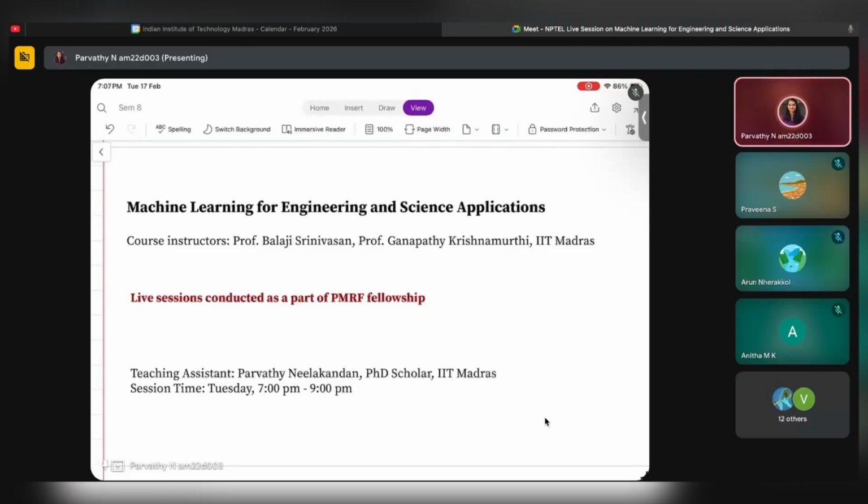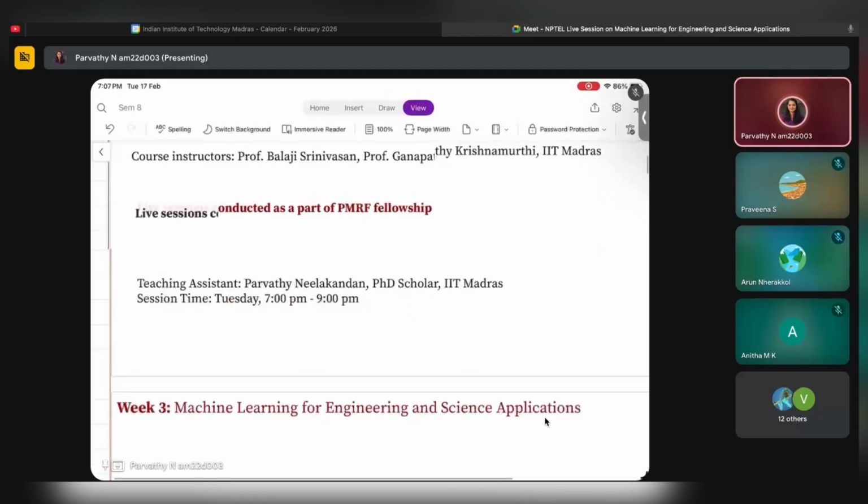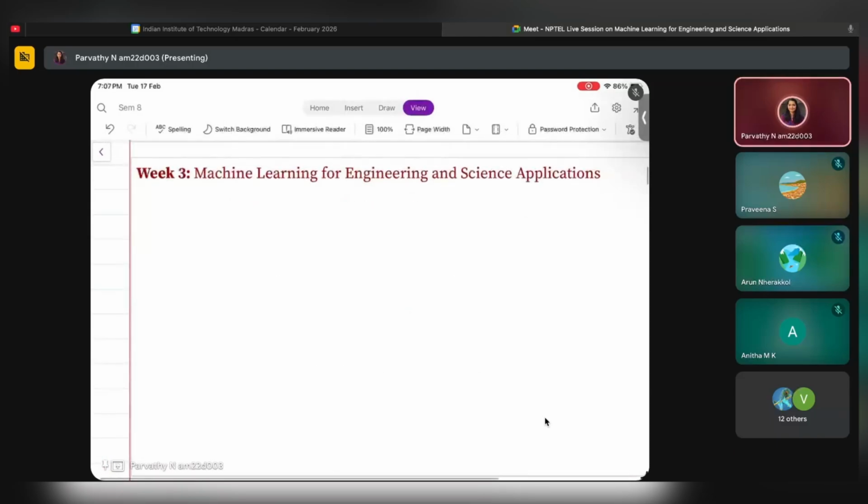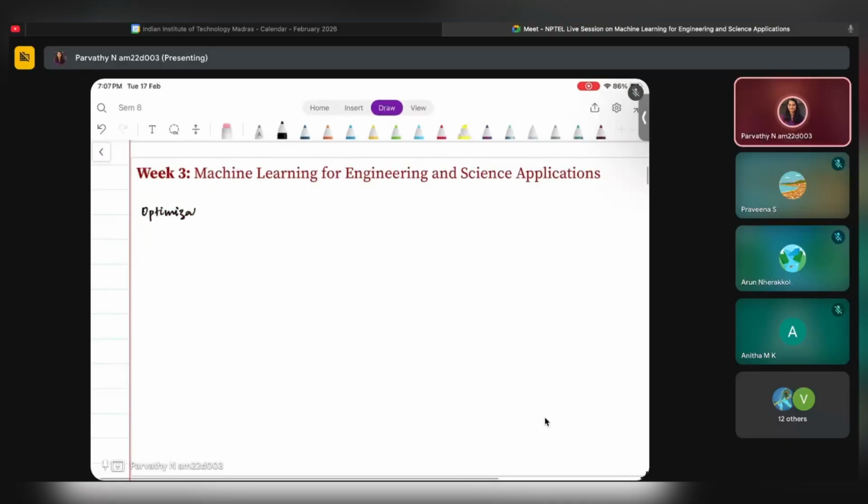So in week 3, it is mainly about an introduction to optimization. The session starts with machine representation of numbers.